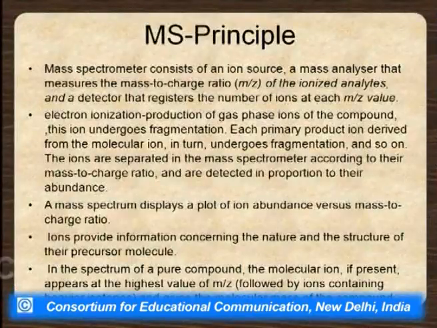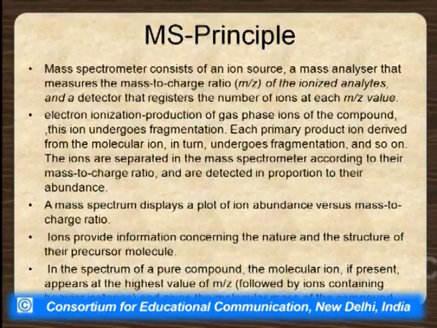So, we have spoken about mass spectrometry. What is the principle of this technique? Mass spectrometry consists of an ion source, a mass analyzer that measures the mass to charge ratio, or M/Z, of the ionized analytes, and a detector that registers the number of ions of each M/Z value. Electron ionization is the production of gas phase ions of the compound or peptide of interest.